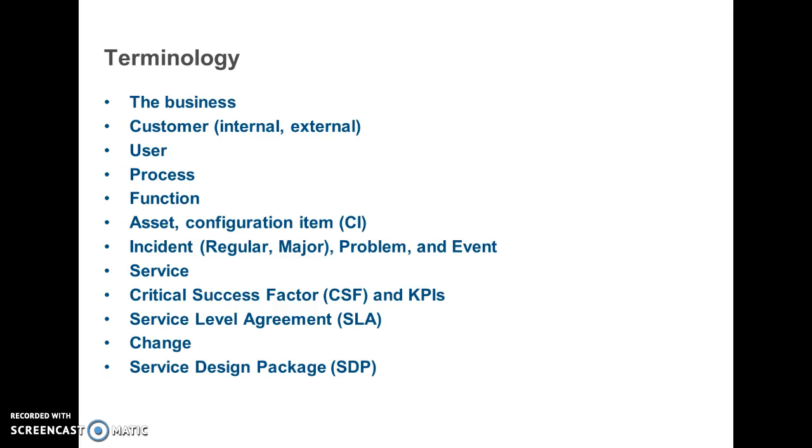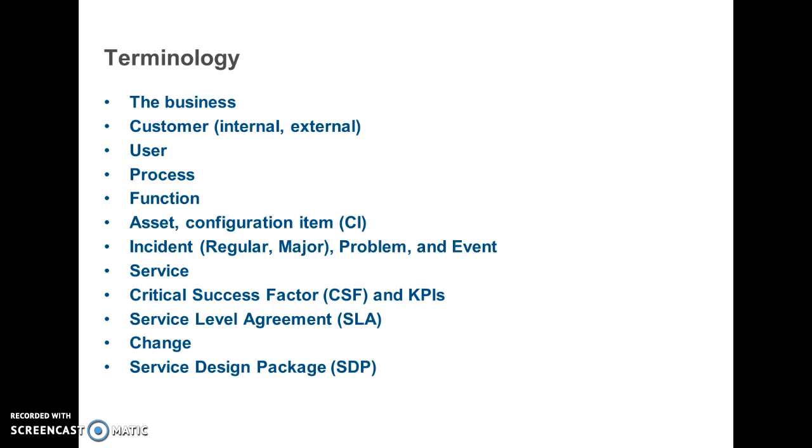Now, assets and configuration items are related, except that a configuration item is, for example, a VM provided by IT to, say, a particular development team, while a keyboard is just an asset. So configuration items can be configured, they have features, they're used, and so on, while assets are just, think of them as hardware assets. You have to track them, but not in the same way or to the same level as a configuration item.